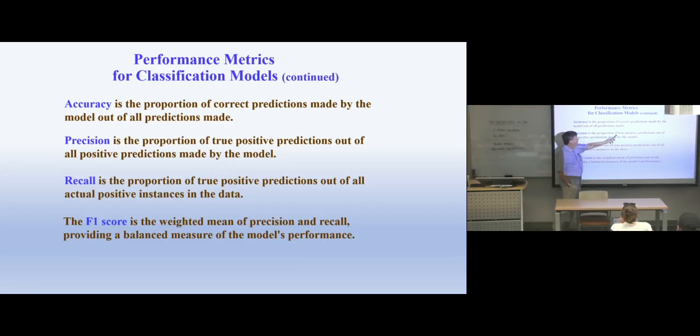I've got the proportion of true positives out of all the positive predictions made. That's, shall we say, a little more interesting. Recall is true positives out of all the actual positive instances in the data, and then the F1 score does a harmonic mean here that just weights these two together.